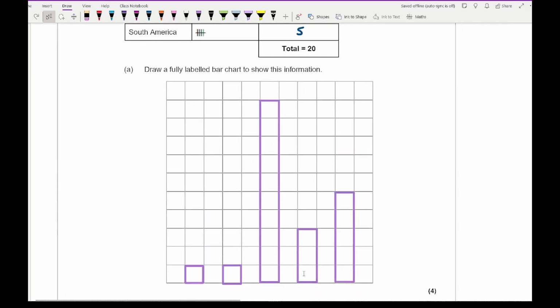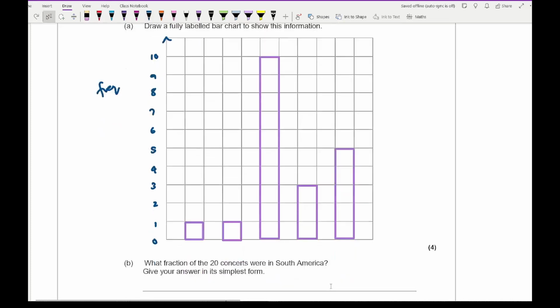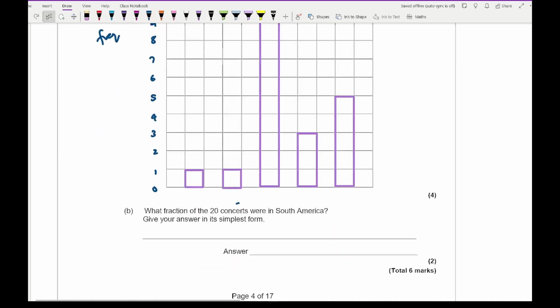So again, we're going up in 1s, so we've got 0, 1, 2, 3, 4, 5, 6, 7, 8, 9, 10. We've got frequency, and then we've got continent. All that's left for me to do is label the bars.